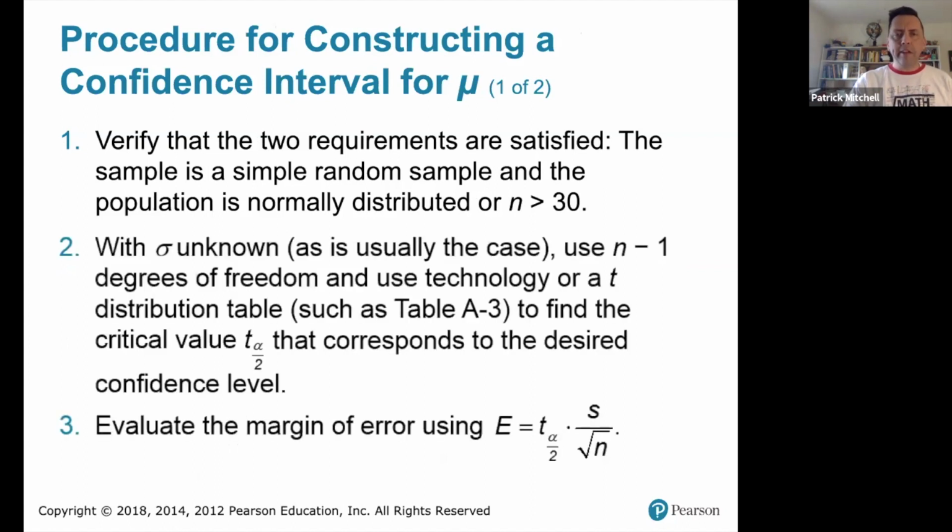And assuming that sigma is unknown, which is usually the case, use n minus 1 degrees of freedom and find your critical t value either using technology or using the table. And then evaluate the margin of error using the formula that we looked at a little while ago: E equals t sub alpha over 2 times s divided by the square root of n.